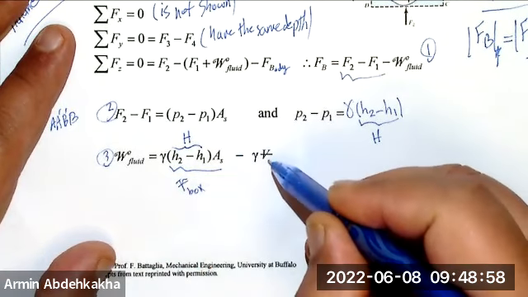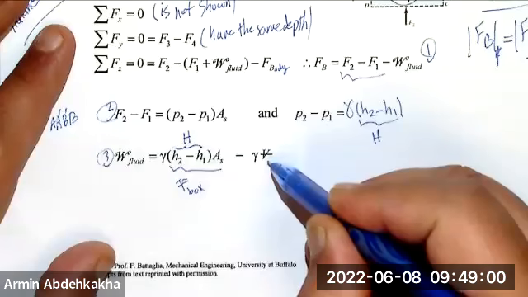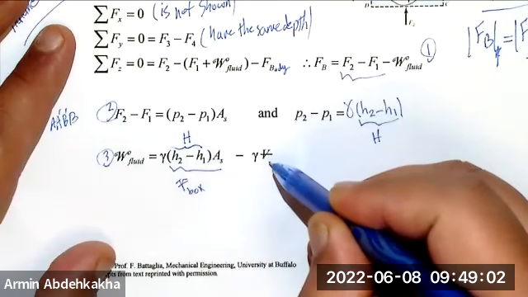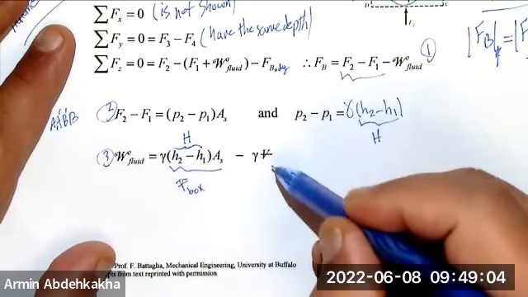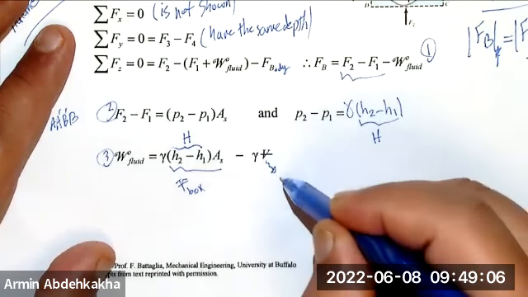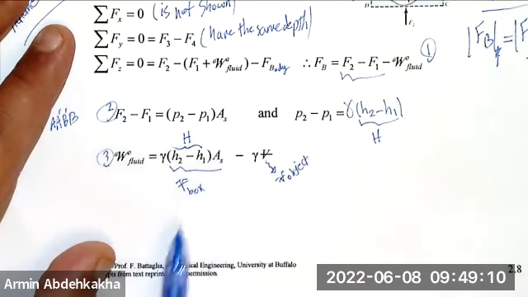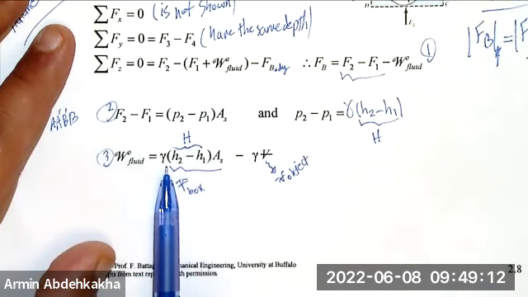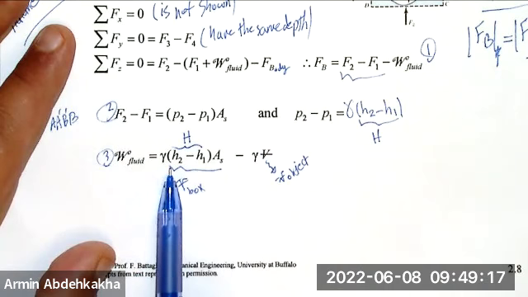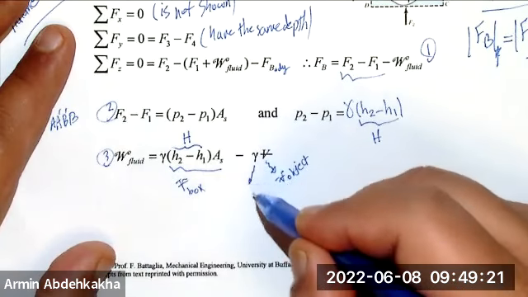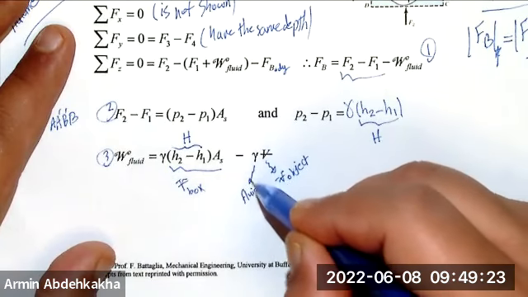And what about this? I'm sorry, what is this volume? This is the volume of the object, right? The gamma is the gamma of the fluid, right?